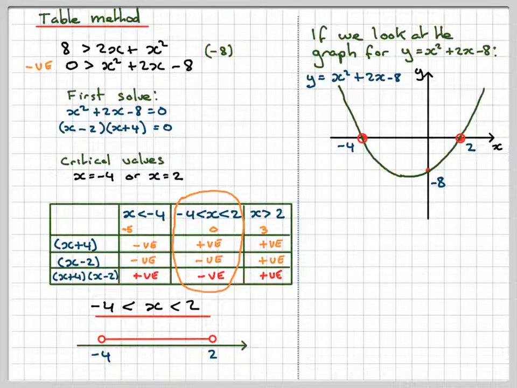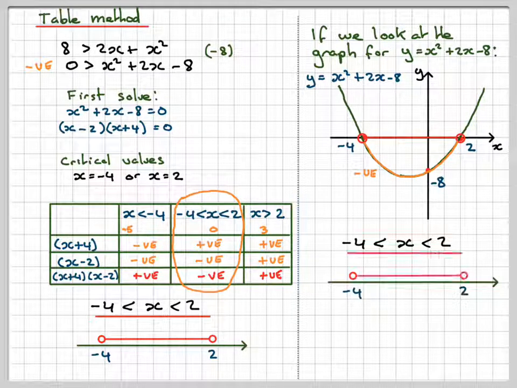Okay, open circles, and the graph is negative on the orange bit because we want to know where it's negative, and again we get the same answer, x being between minus 4 and 2. So it doesn't matter which way around you do the graph as long as you refer back to the inequality that you have for your graph.